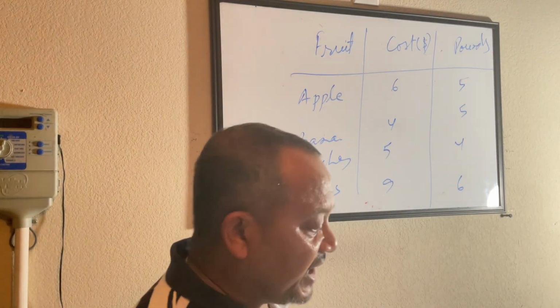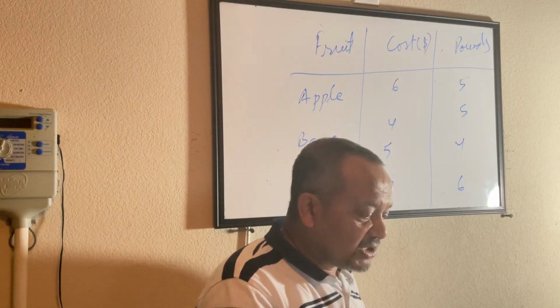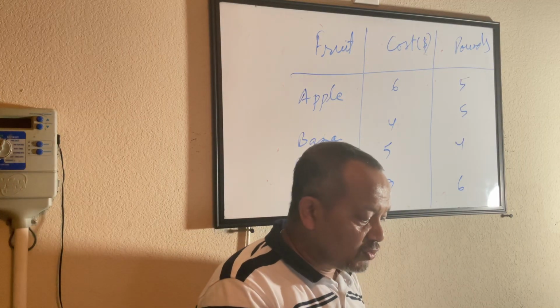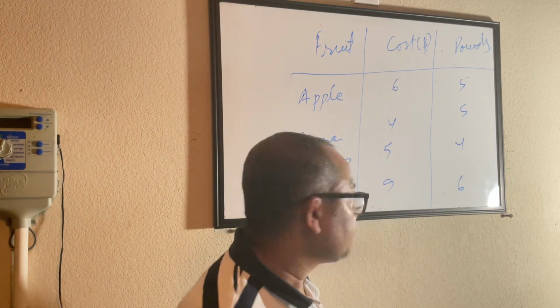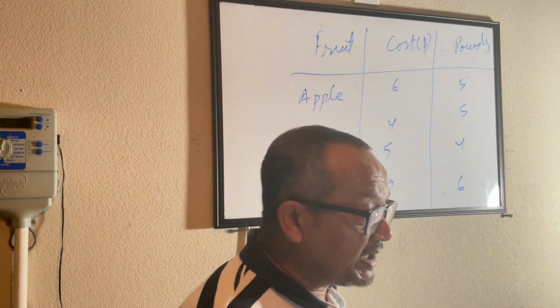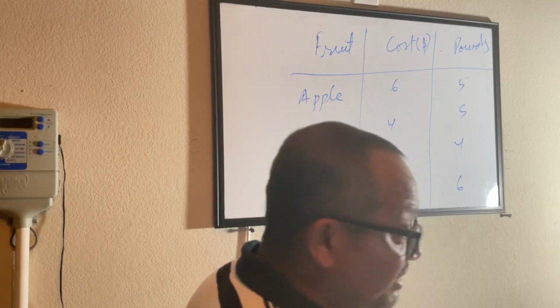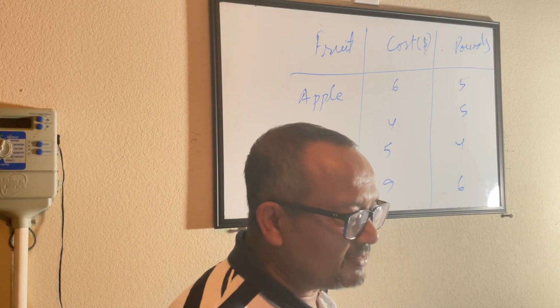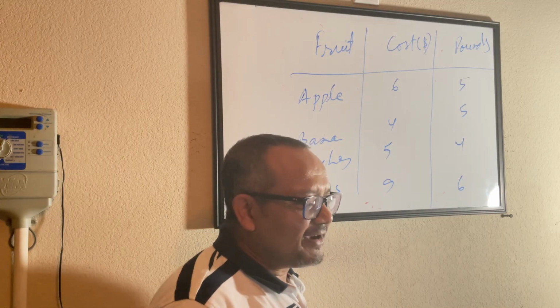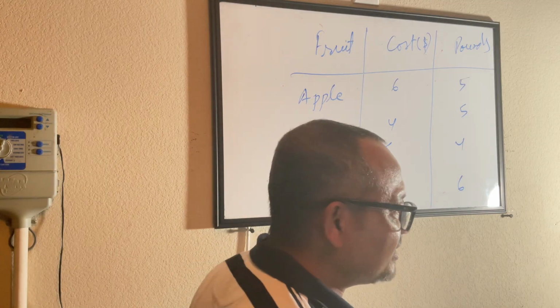Now it says which type of fruit has a cost of $1.2 per pound. And some of you will be thinking, okay, this looks like a baby problem. This might look like a baby problem, and that's okay. We'll see.